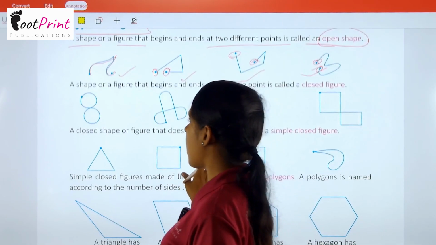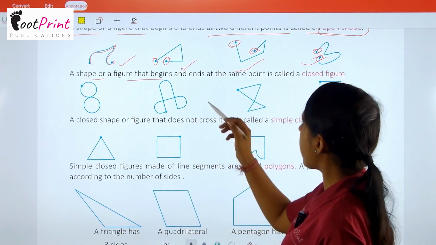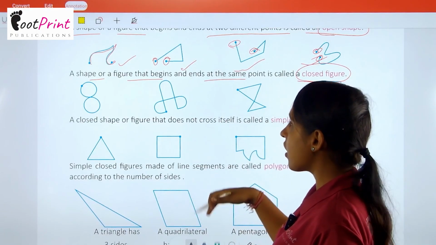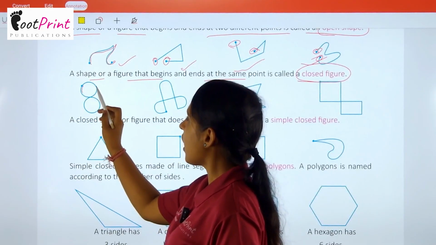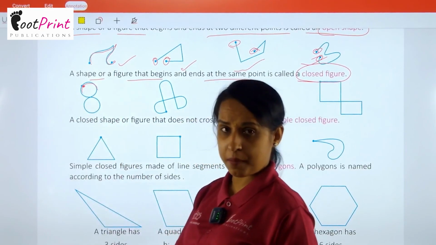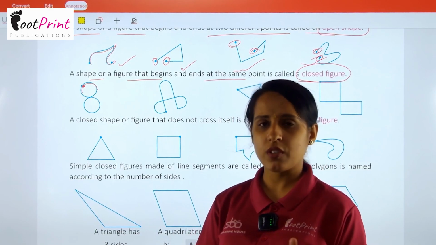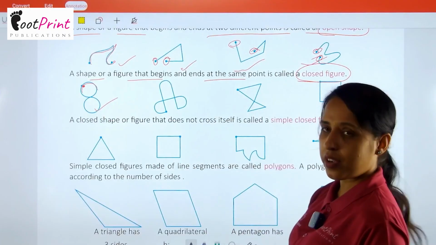Okay, now next one, a shape or figure that begins and ends at the same point is called a closed figure. So in this, if a shape has its starting point and end point the same, we can say that the begin point and ending point are common. So this type of shape is called a closed figure.